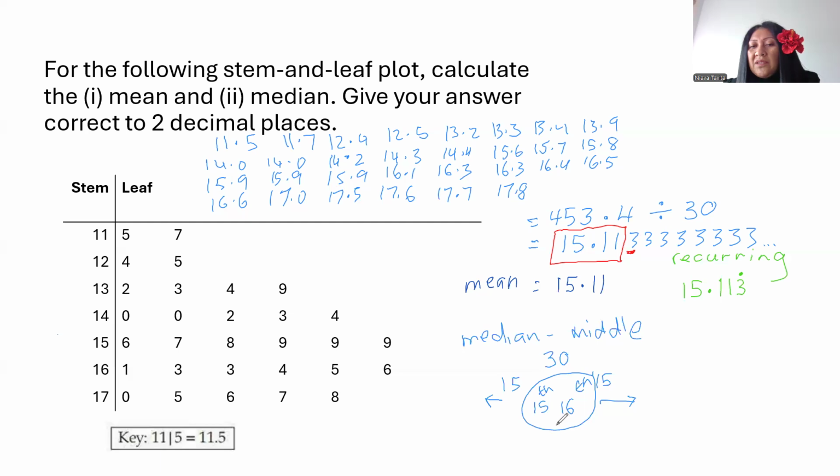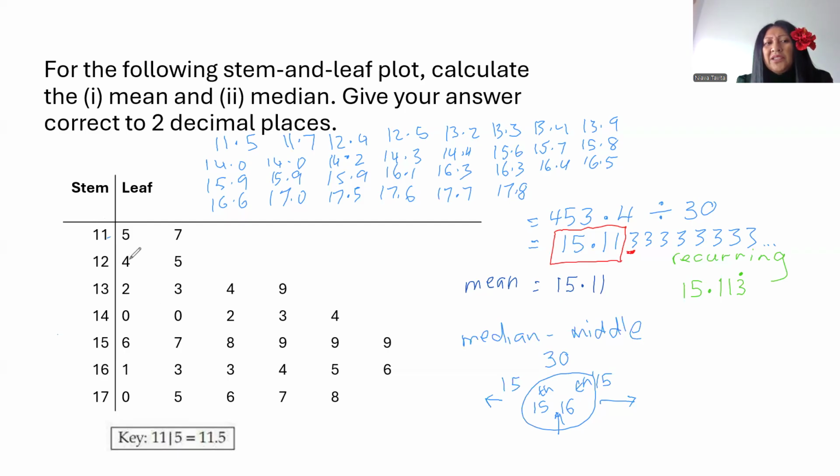And then what we have to do is find the average of these 2 numbers, which also simply means that we find the midpoint. So we're going to count, remembering how to read this stem and leaf plot. That would be like 11.5, 11.7, 12.4, 12.5, and so forth.